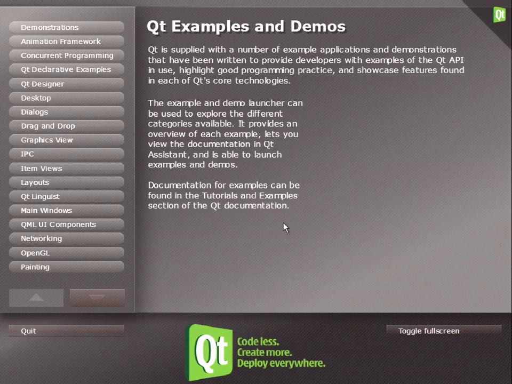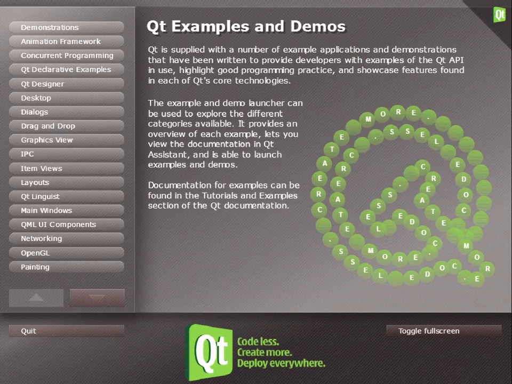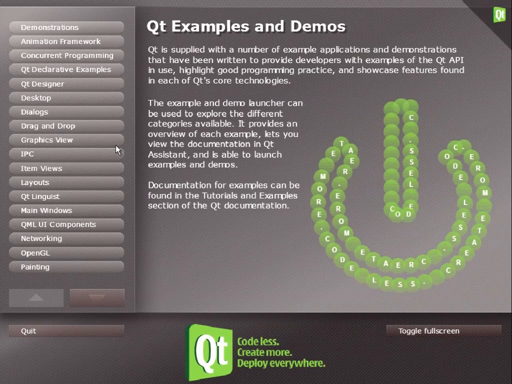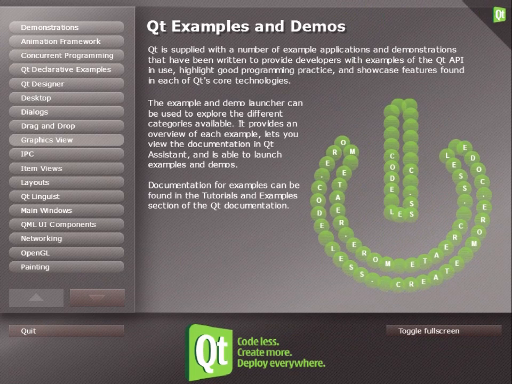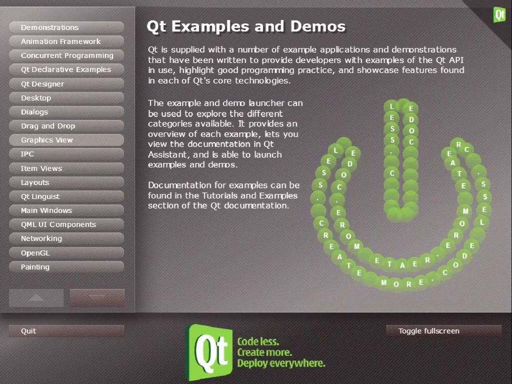Let's start with a couple of examples of what GraphicsView is. The first one I'll open from an application called Examples and Demos. This application itself is implemented with QGraphicsView. You can actually get it with all the Qt installations, and it's basically a launcher for a huge amount of documented examples and demos.